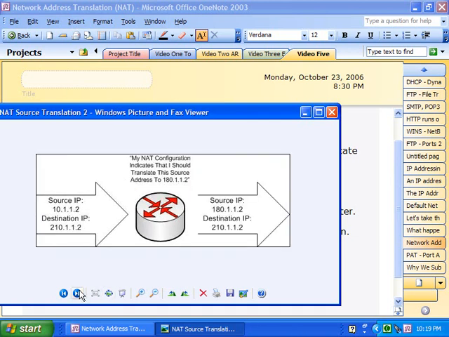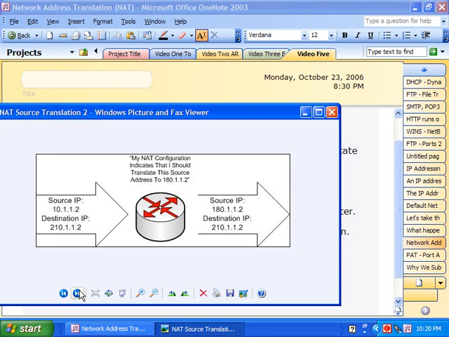And when the packet leaves the router, the destination IP is going to be unchanged, but the source IP address has been translated from 10.1.1.2 to 180.1.1.2. Now, what's going to happen also is that the router keeps what we call a NAT mapping table.